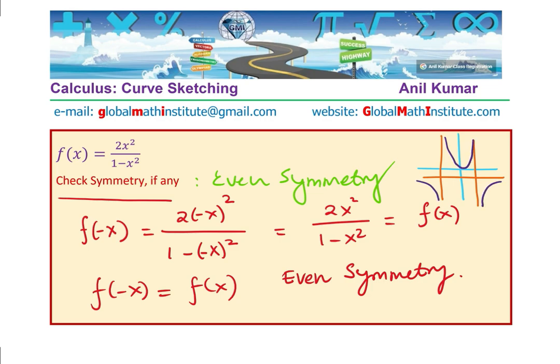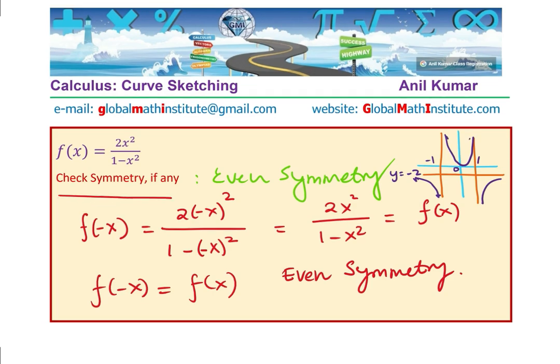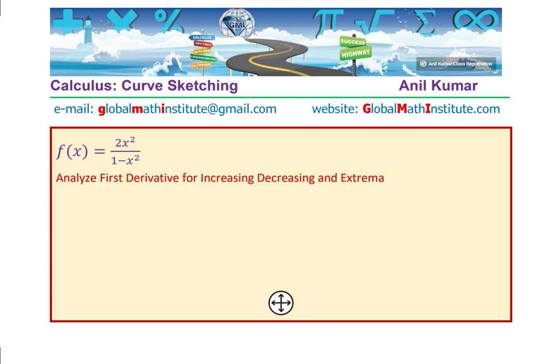Is that clear to you, right? These values are at minus 1 and plus 1. This is, of course, at the origin, and that is y equals minus 2. So that strictly is your graph, right? But anyway, we'll continue and analyze the first and the second derivative.